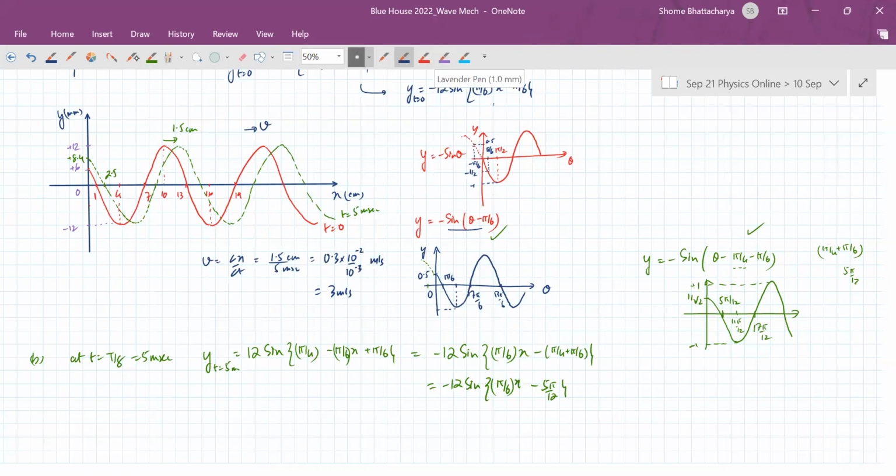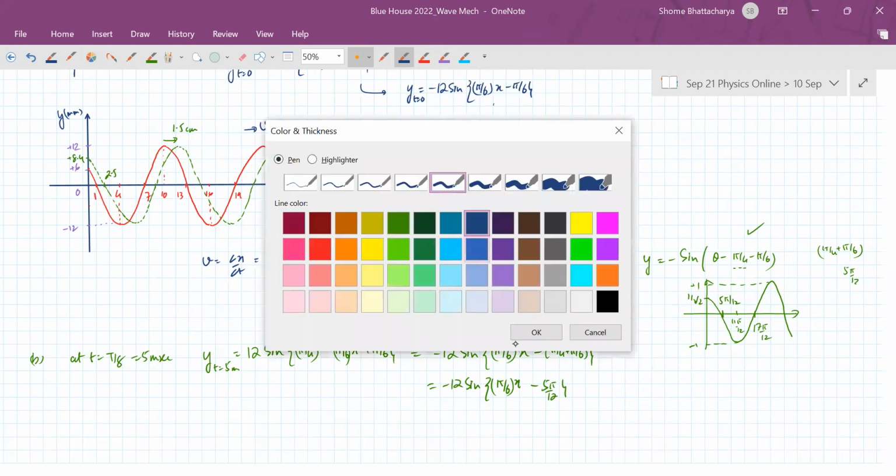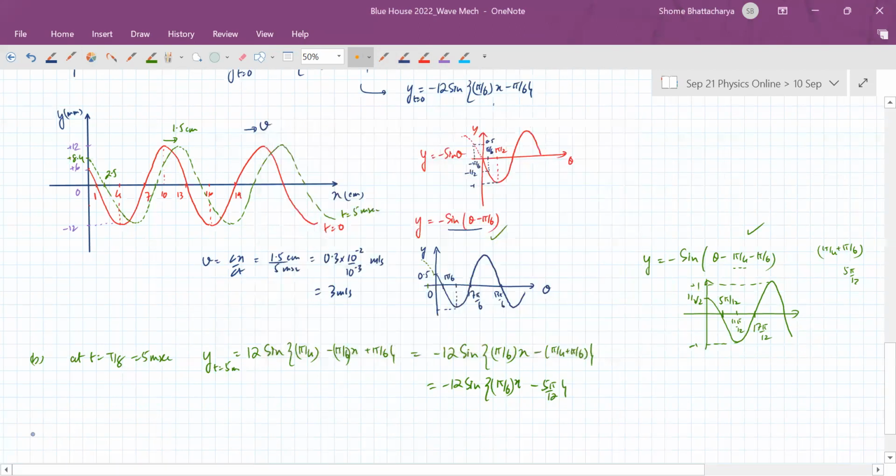Now the next snapshot picture that we'll plot will be easier because it is at T by 4, and T by 4 corresponds to a phase change of pi by 2. So this term here, instead of pi by 4, it will become pi by 2.